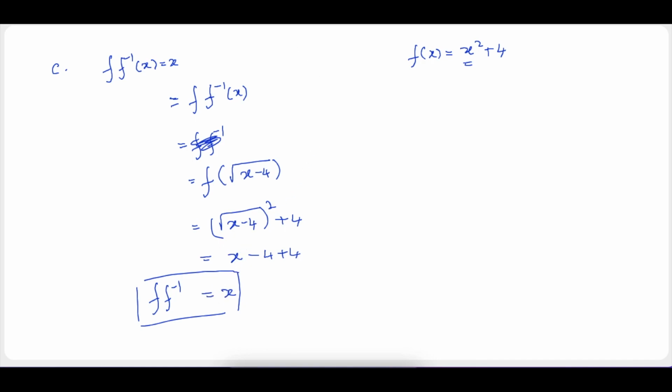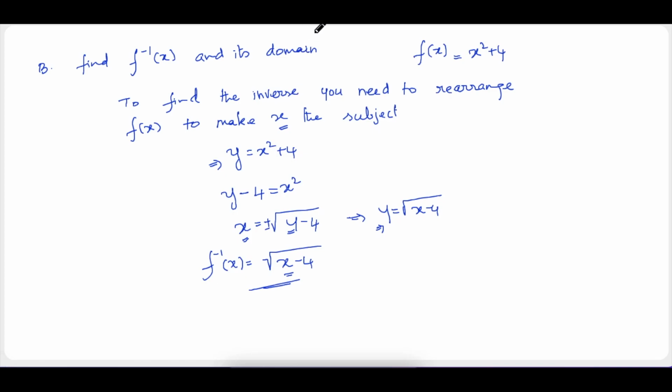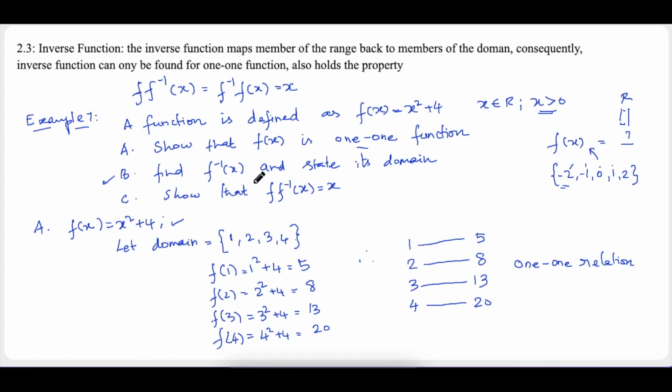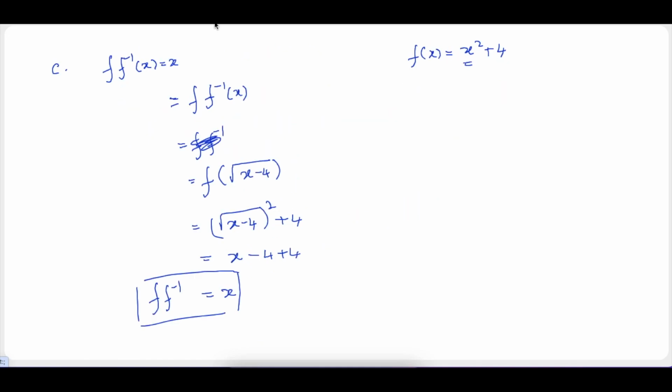Already we know the property. What is the property here? f of f inverse of x equals x. So whenever you compose any function with the inverse of the same function, it will yield x.